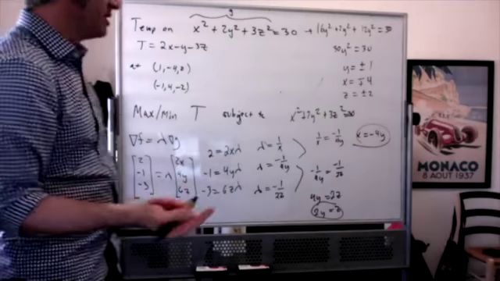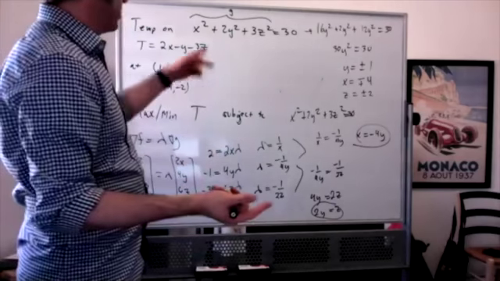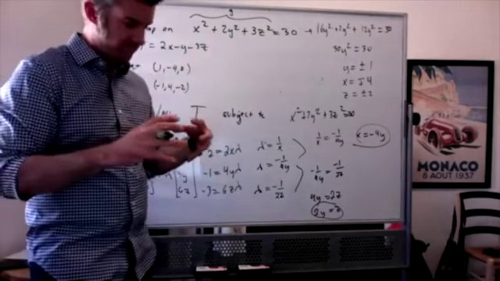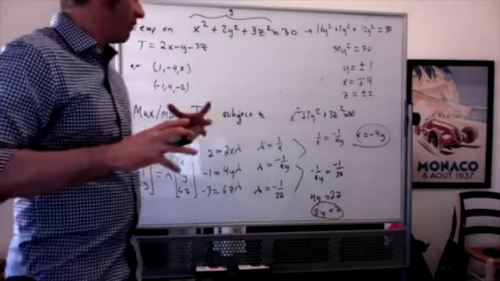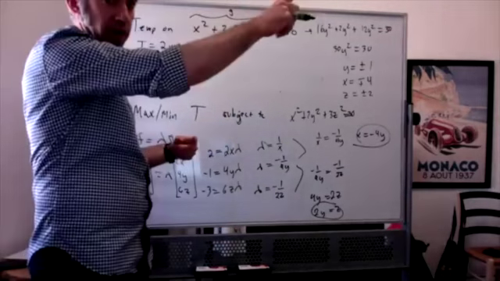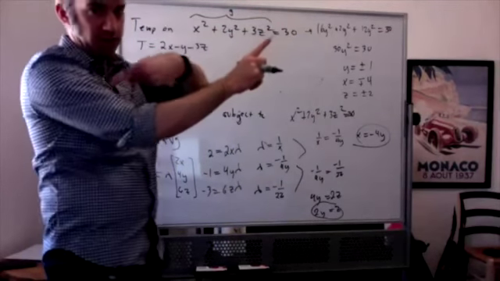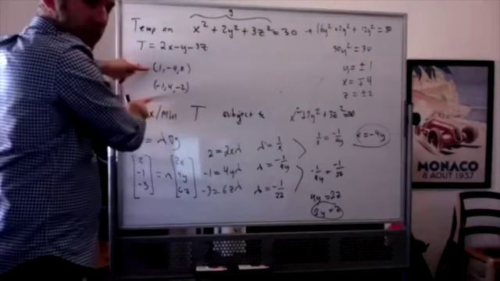Which kind of makes sense if you think about it, because this ellipsoid is centered at the origin, meaning it has symmetry about the origin. So if your hottest point is that way, then the coldest point should be in the opposite direction, which is what is happening here.